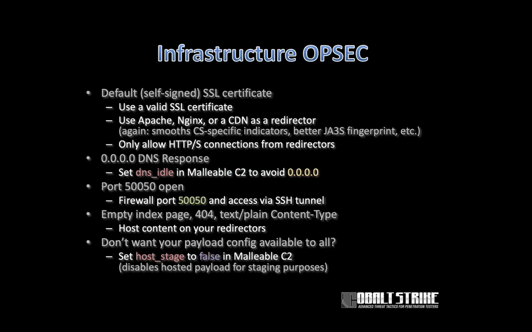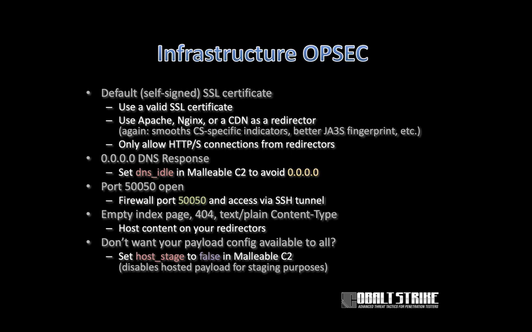I hope I've motivated the infrastructure OPSEC discussion and given you an idea of why infrastructure OPSEC is a consideration that should be up there with your egress strategy and your network security monitoring evasion strategy.